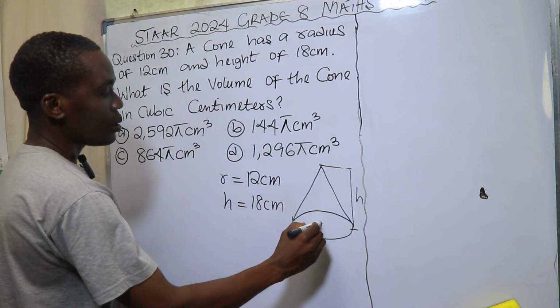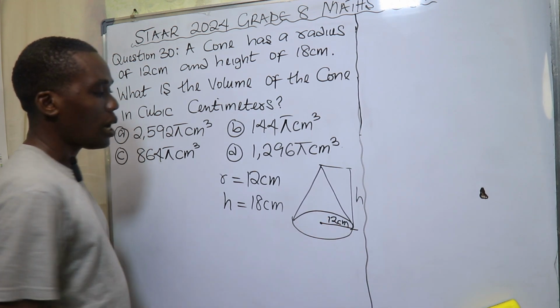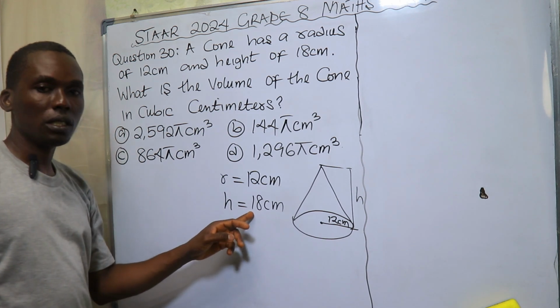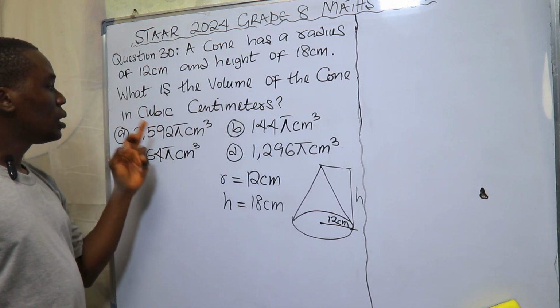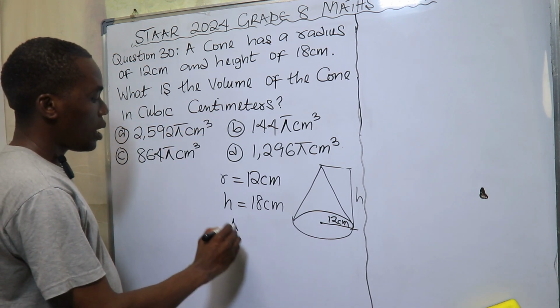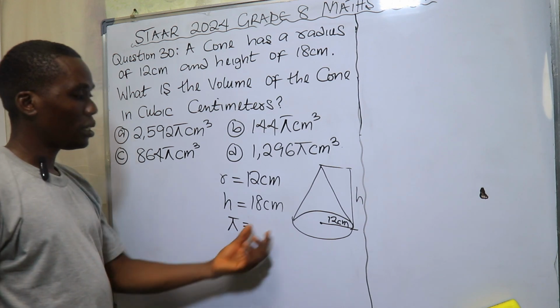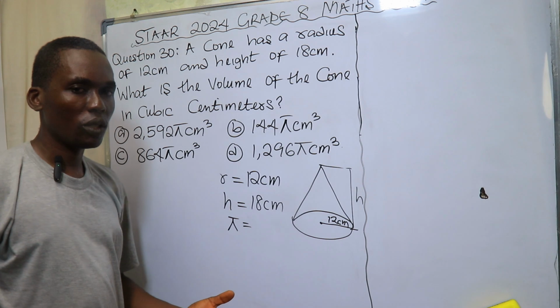The cone has a radius which is 12 centimeters, and the height which is 18 centimeters. We're asked to find the volume of the cone in cubic centimeters, and remember pi is not given and is attached to the answer. So how will you solve this question?